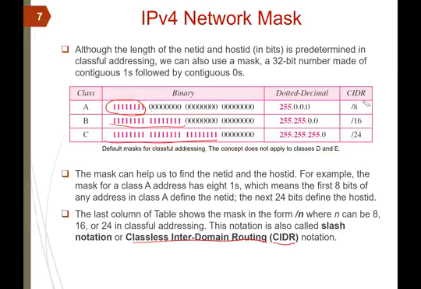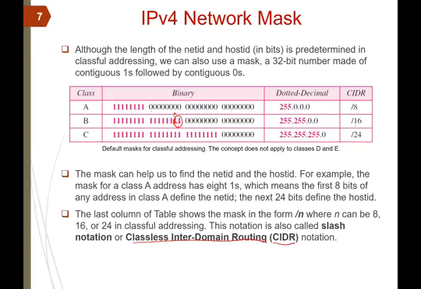So the mask can tell us which part is for network and which part is for host. With default classful addressing, the mask is trivial because you know which part is which, but if you do subnetting, sometimes, for example, you use some of these bits to make subnets.